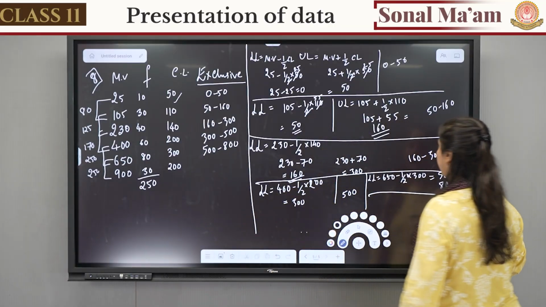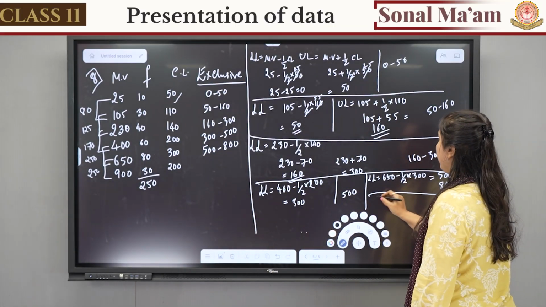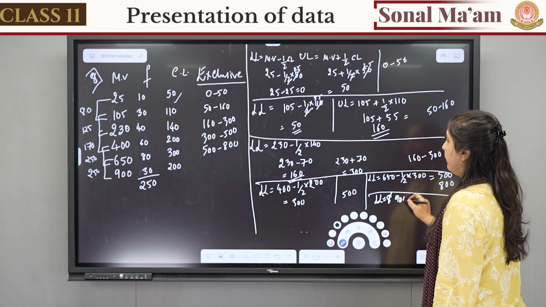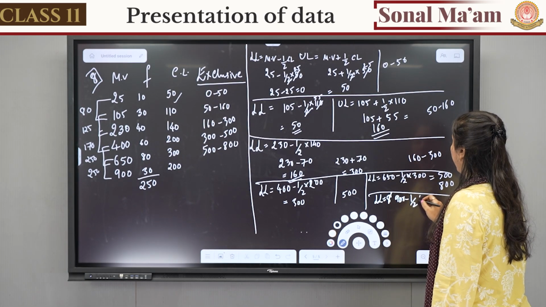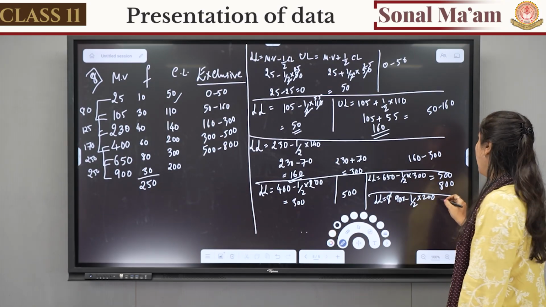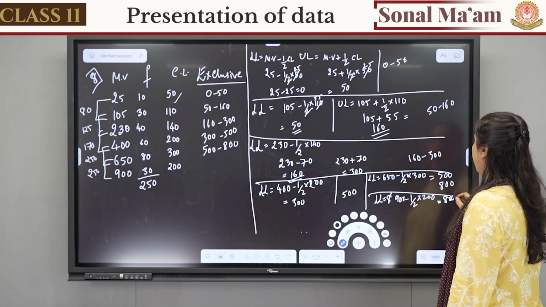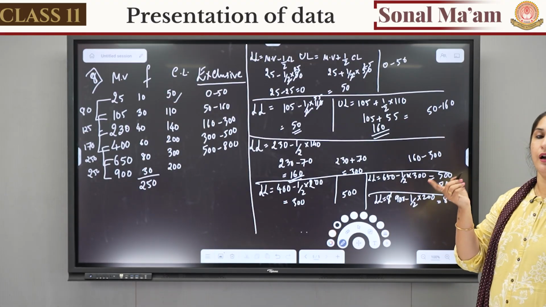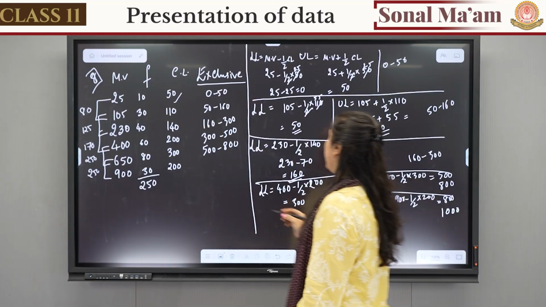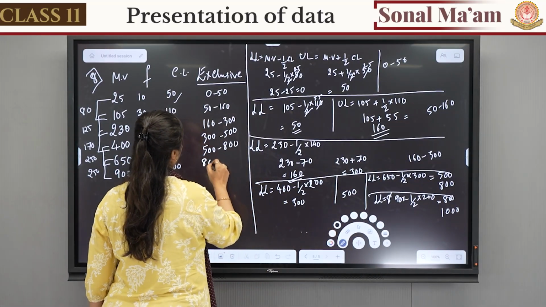Okay, the last one we'll do now. What is the lower limit? Lower limit is 900 minus half into 200. 900 minus 100 will be 800, and 900 plus 100 will be 1000. So we got the last class as 800 to 1000.